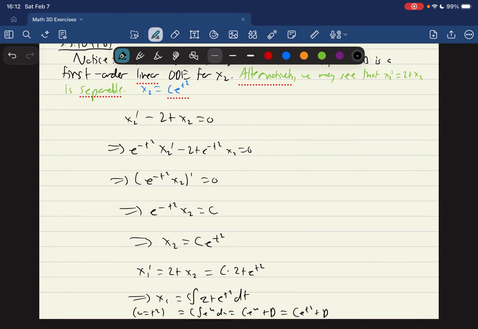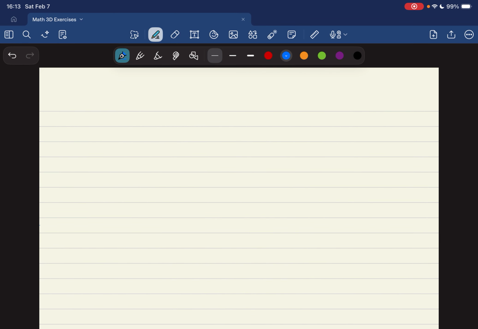So now that we have our solutions, x2, and then over here is x1, let me summarize them over here. So x1 is c e to the t squared plus d, and x2 equals c e to the t squared.